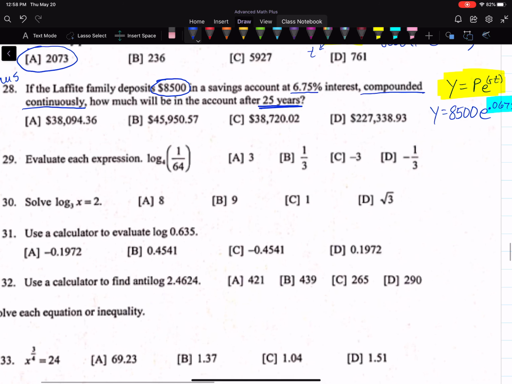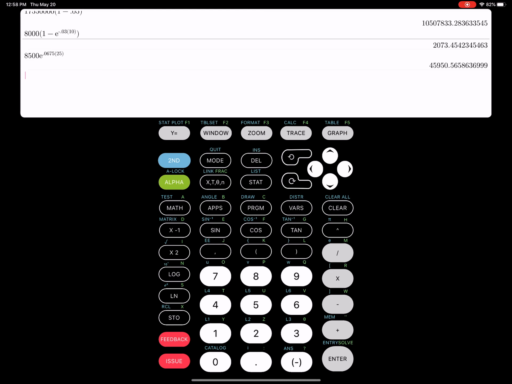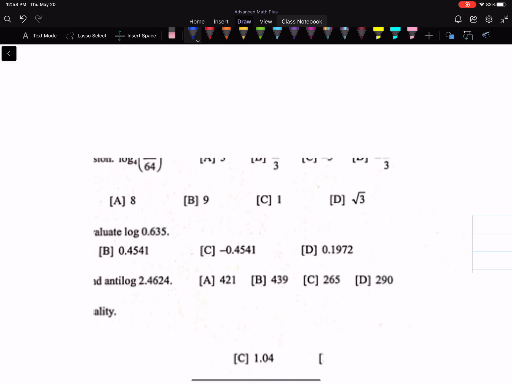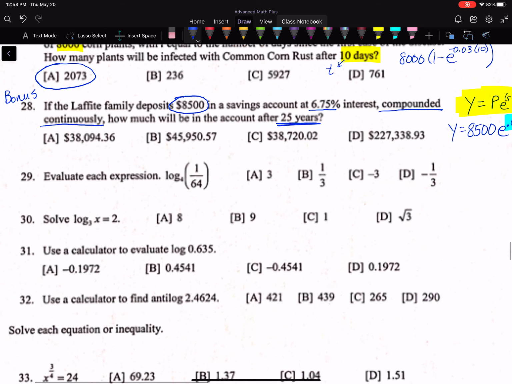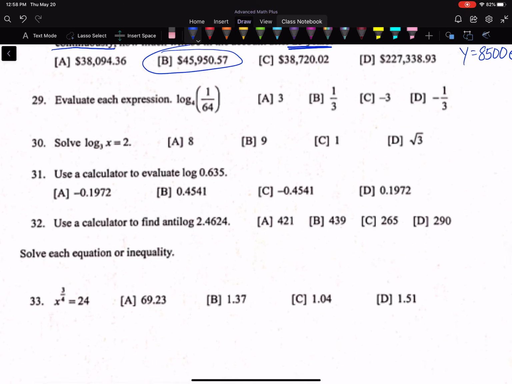So 49,000. Was it 45,000? Uh-oh. What'd I do wrong? I don't know. I got B. Did I plug in 45,950? Okay, I'm sorry. I wasn't seeing it. There it is. 45,950. Boom. Okay. Piece of cake.